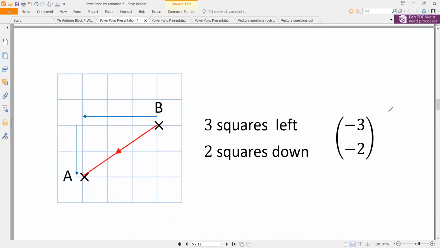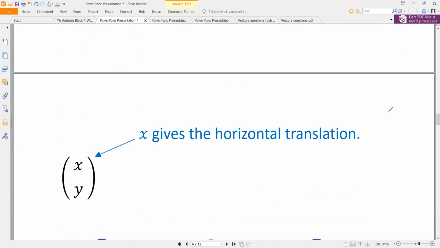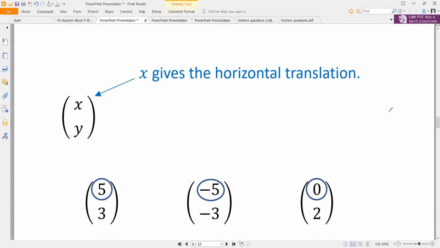So let's go to the next. Like I said, x gives the horizontal translation. Translation, just like you did in your transformation. Translation means you're just moving, you're sliding. So you're either sliding to the right or to the left of x. So if you're sliding to the right, it's just x. If you're sliding to the left, it's just negative x.